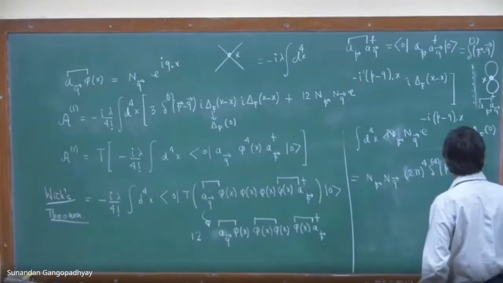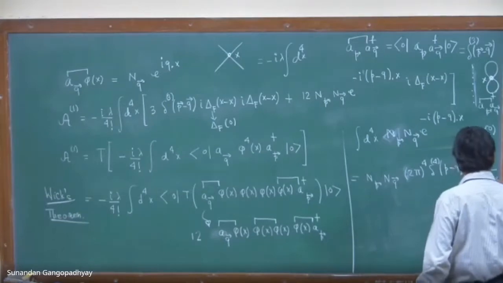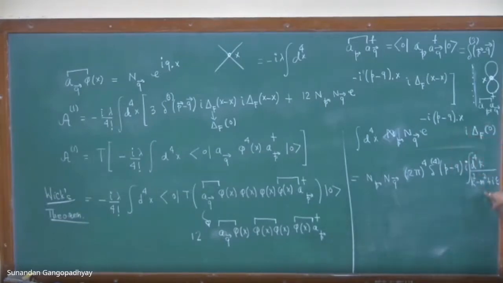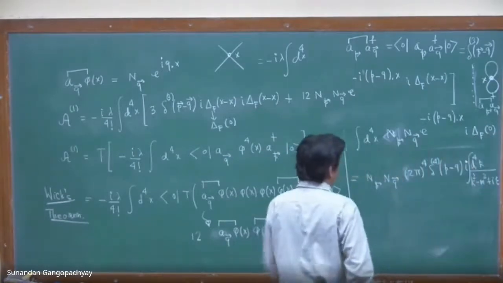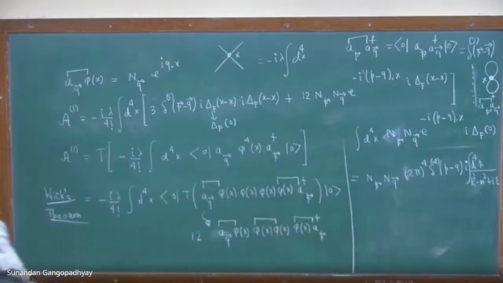This delta 0 you can write in an integral form like d4k over k square minus m square plus I epsilon. I delta 0 is this expression. The exponential is 1 over here. So once again you can see the momentum conservation is there. So the expression for that term is this. Now let us try to draw a Feynman diagram.